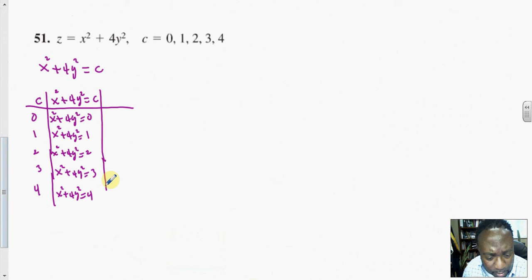I'm going to simplify this so that you see that these equations are ellipses, or ellipse in the 2 space. It's a 3-dimensional graph, but for the contour, when z is set equal to c, a number, this is now restricted into the 2-dimensional space.